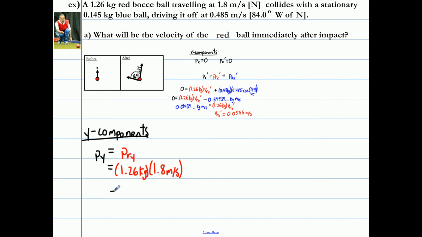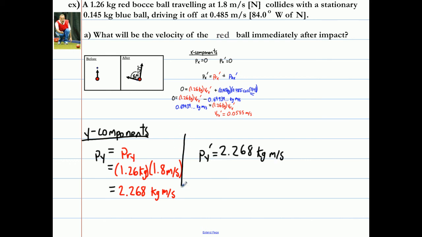And it's all in the y direction, so this is where we're getting this from. So that works out to about 2.268 kilogram meter per second. So because it's conserved along this direction, it's going to be the same after the collision.